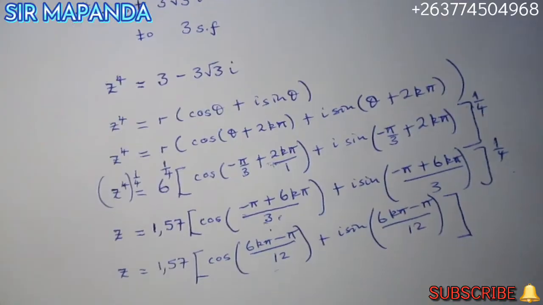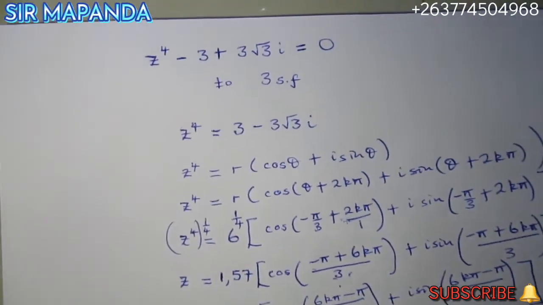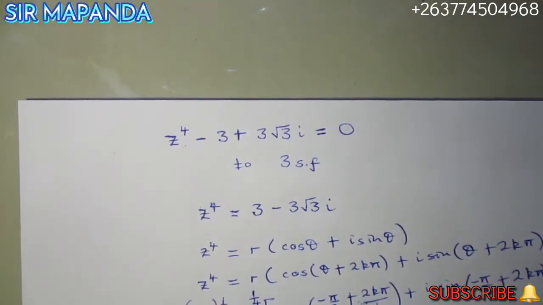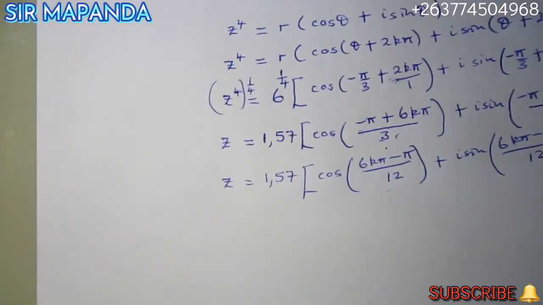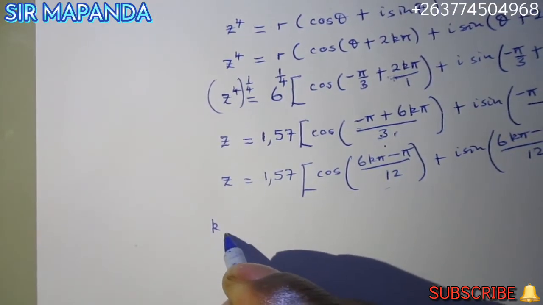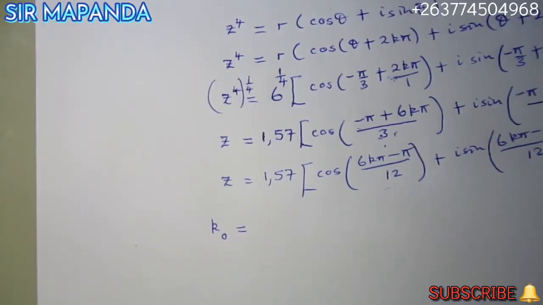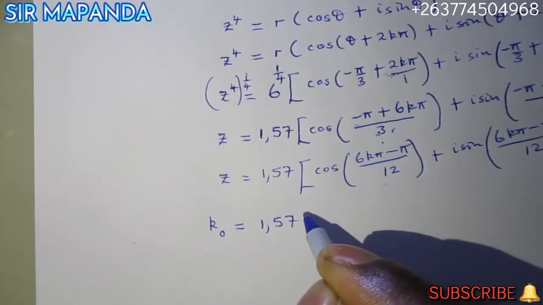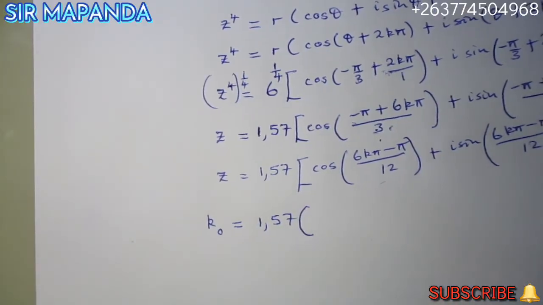I hope you are following. Right, so I want you to notice something. z is being raised by power 4. If we have power 4, it means we are going to have 4 roots. And the first root is going to be obtained, right, when the value of k is 0, which we denote as k0, which is our first root, right? So I want to put 0 on k to find the first root. So you are going to have 1,57 here. Then you put your bracket, something like this, right?